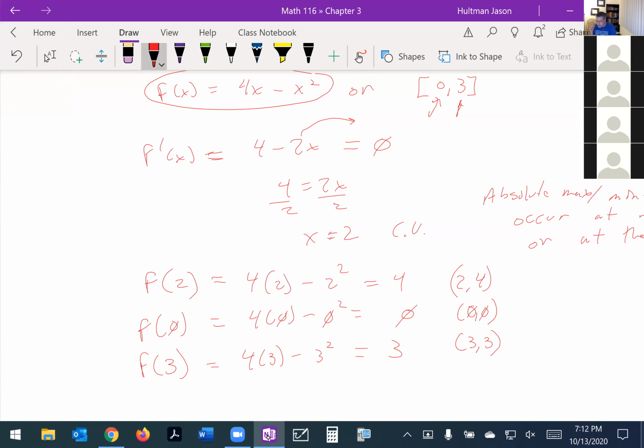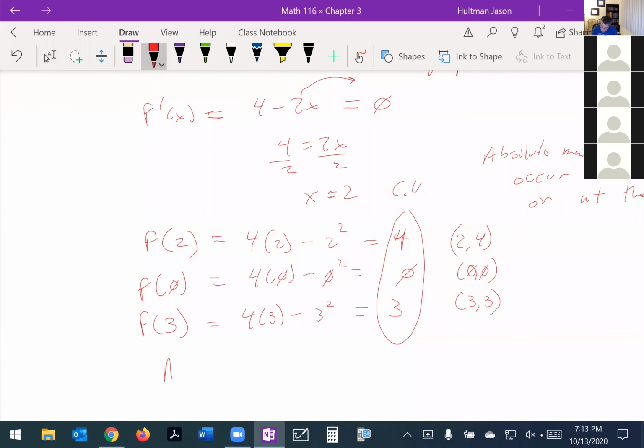Which value here was the biggest? In this column here, which value was the biggest? Not everybody at once. Yeah, it's the 4, f of 2. So the absolute maximum value is 4.